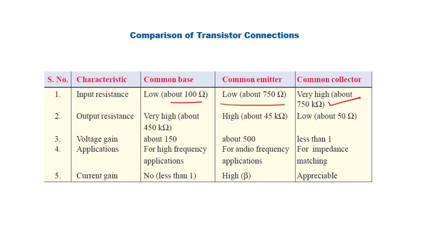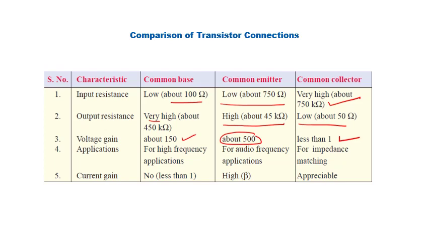And output resistance is very high in the case of common base, and moderately high, of the order of 45 to 50 kilo ohm, in the case of common emitter. And for common collector, it is a very low value. And the voltage gain means the ratio of the output voltage to the input voltage. In the case of a common base connection, it is of the order of 150, here it is 500, and this is less than 1.